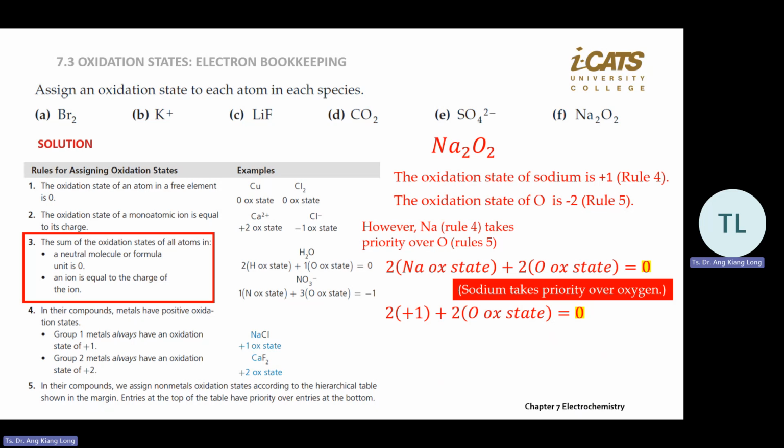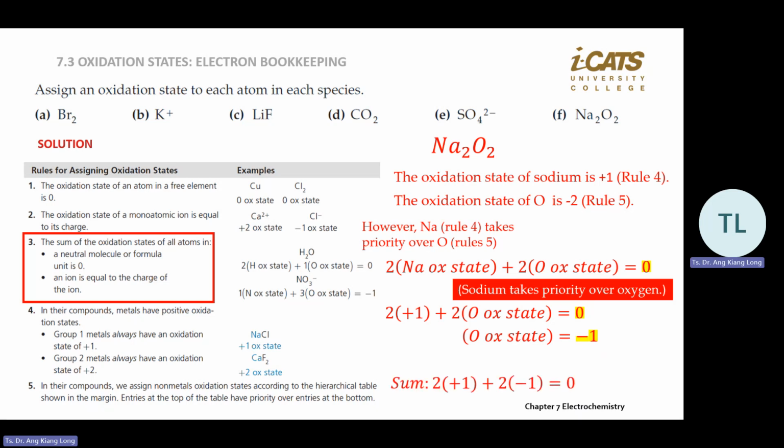Moving it from left to right becomes negative 2. Negative 2 divided by 2 is negative 1. Understand? Does this mathematical equation make sense to you? If it doesn't make sense, you need to tell me. So this is how you calculate the oxidation state number.